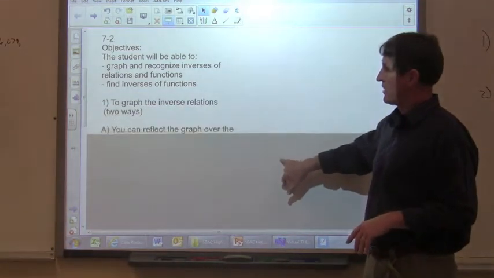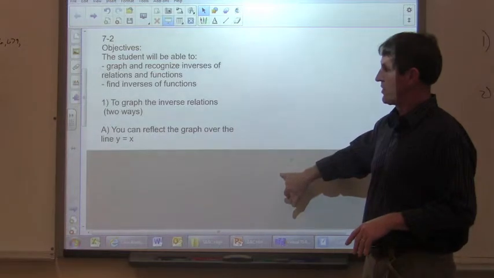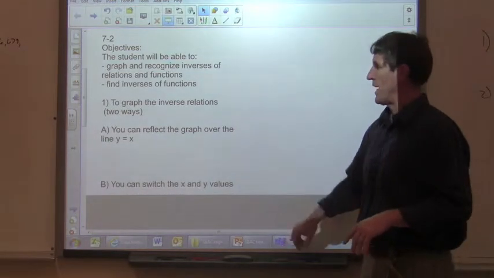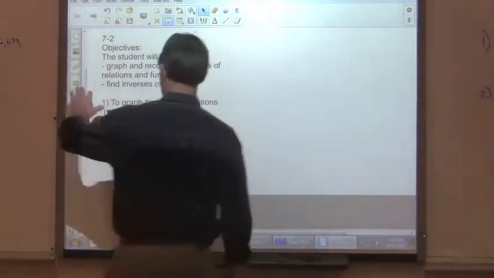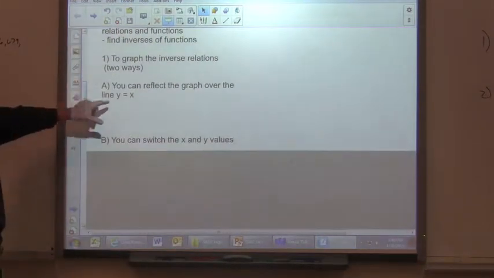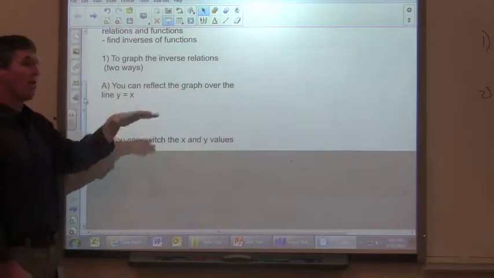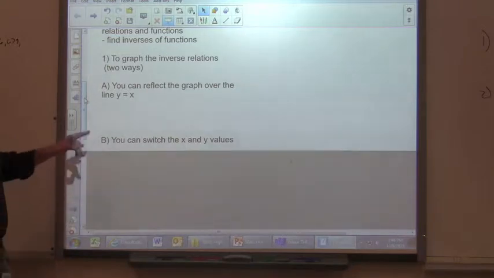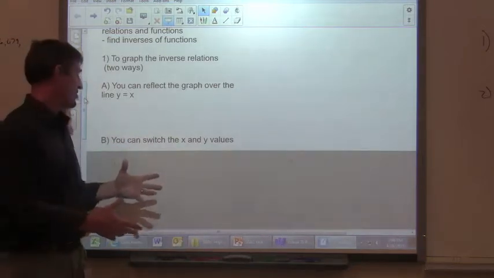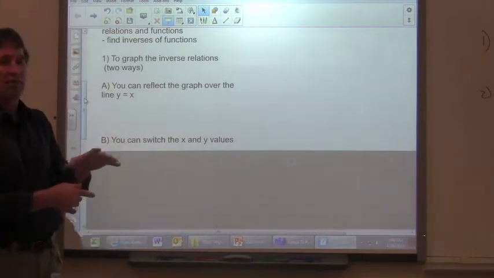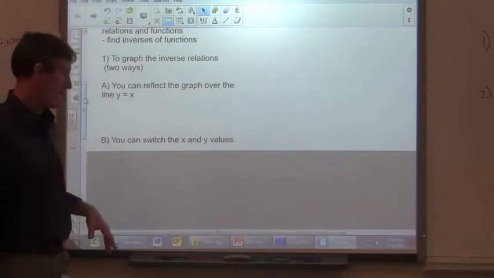The first thing is to graph inverse relationships, and we can do that two ways. The first way, you can reflect the graph over the line y equals x. The second way, which I think you'll probably like easier, is you can switch the x and y values and then do the graph.